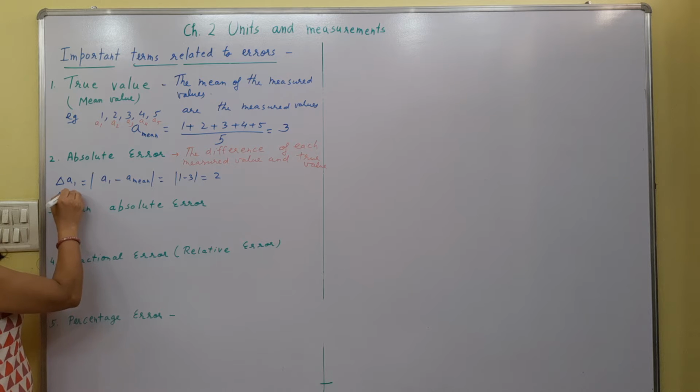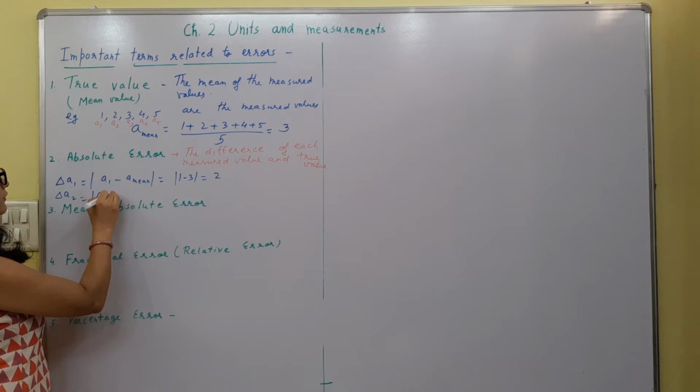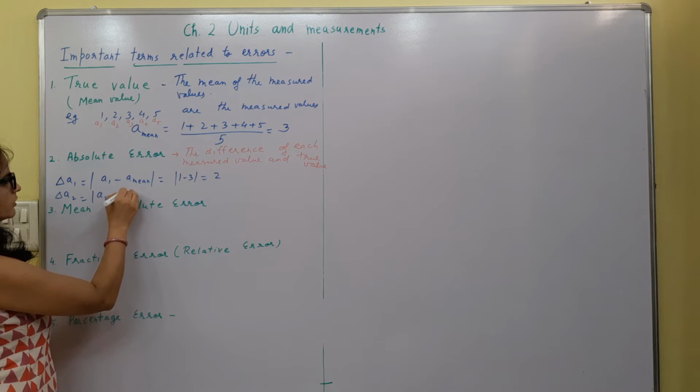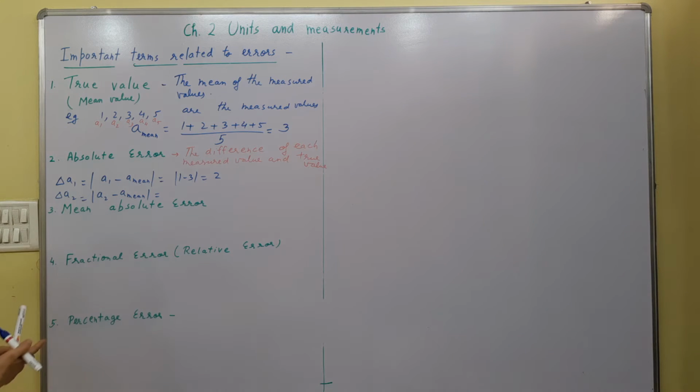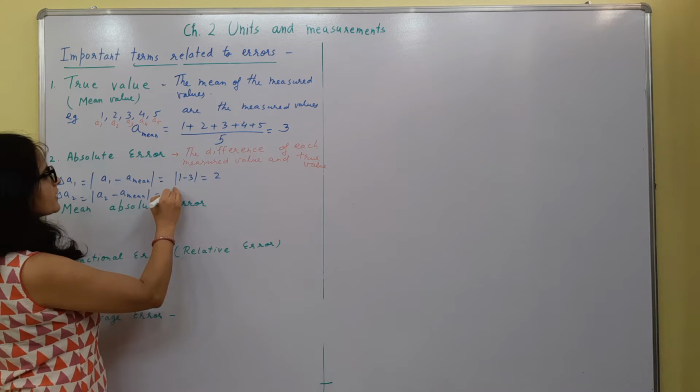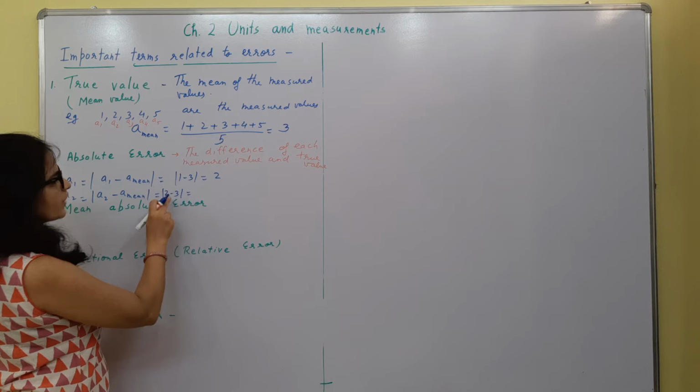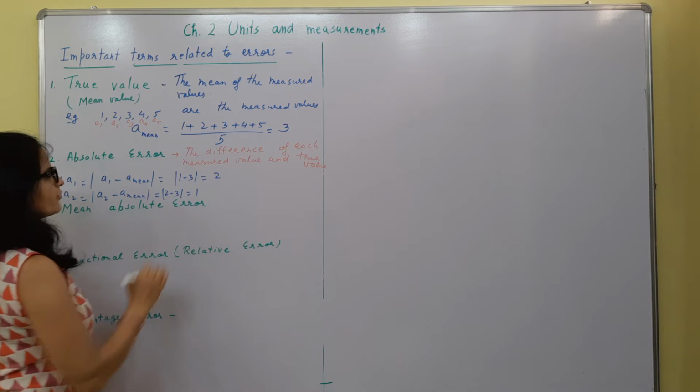Similarly, delta A2 will be the difference of second value and mean. I am directly writing the rest of the values. Second value is 2, true value is 3. So 2 minus 3 is minus 1, and the positive value will be 1.